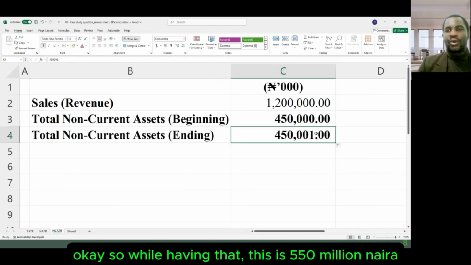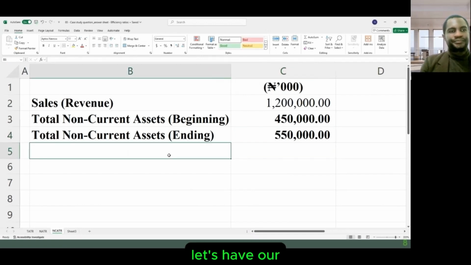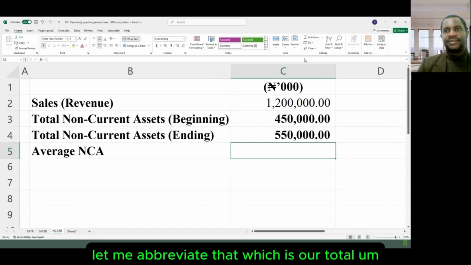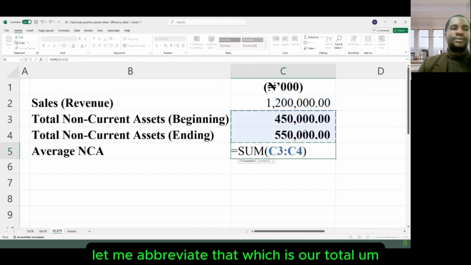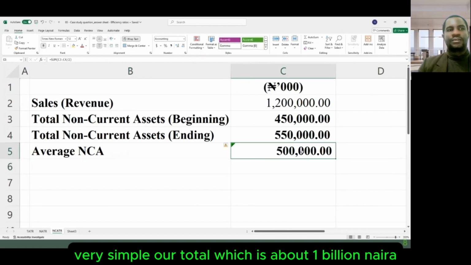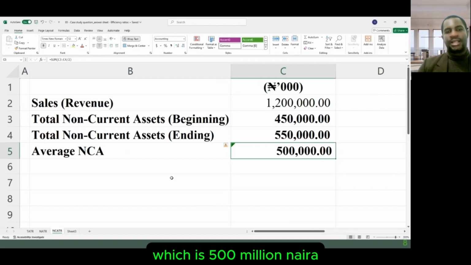So this is 550 million naira. Let's have our average non-current asset. It is our total beginning and ending divided by 2. Very simple. Our total, which is about 1 billion naira, we divide it by 2 to have the average, which is 500 million naira.